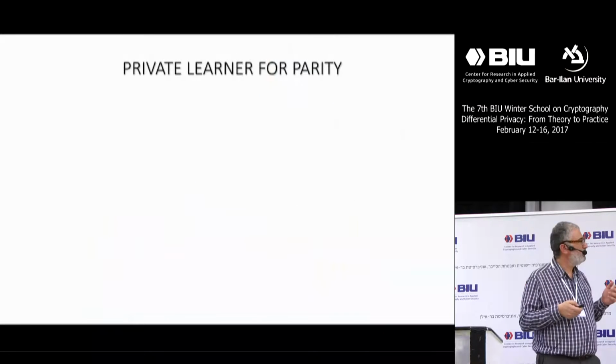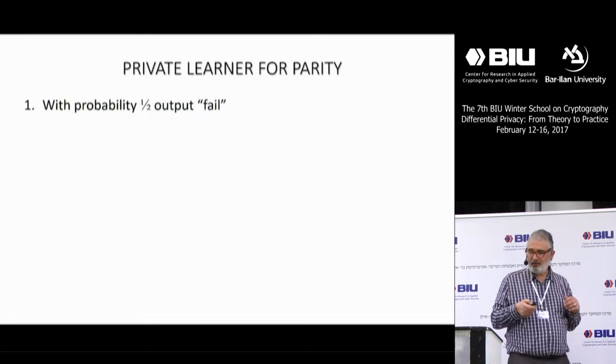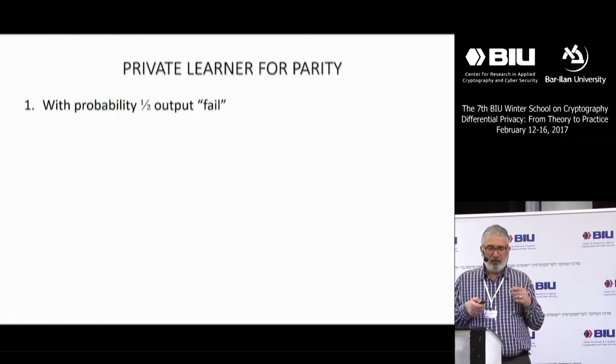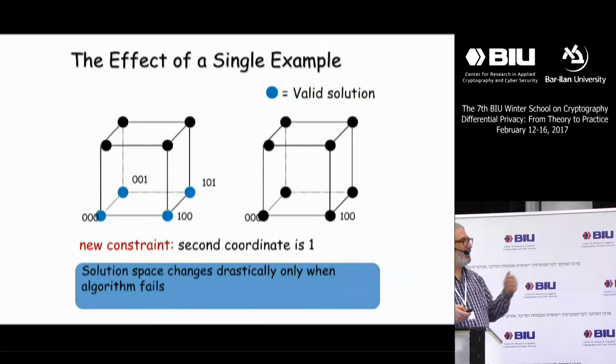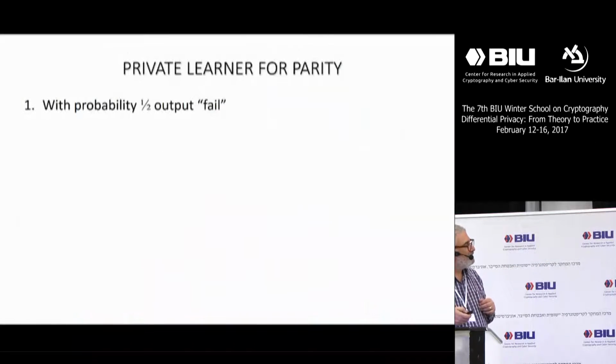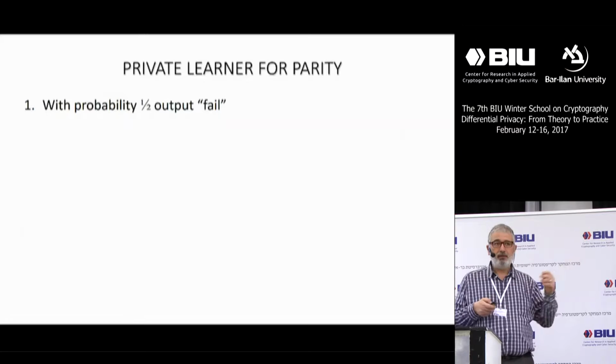So let me just sketch a few ideas here. In this case, the algorithm fails. So let's do this, and it seems very strange. You have an algorithm, and the first line says with probability 1/2 output fail and stop.